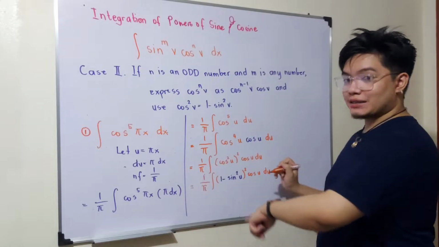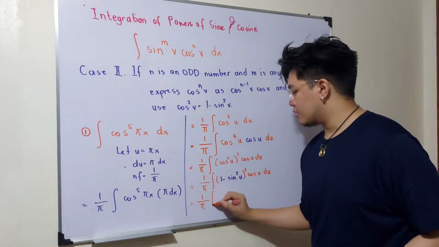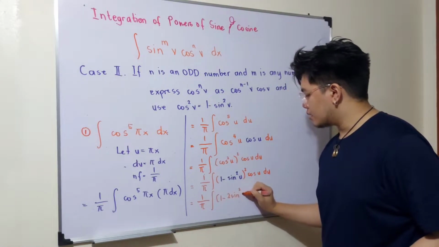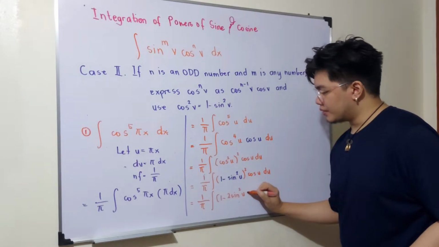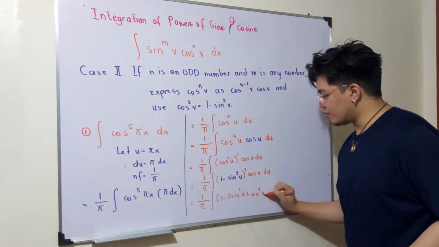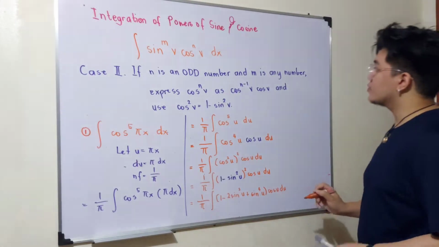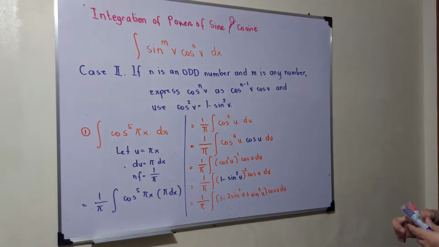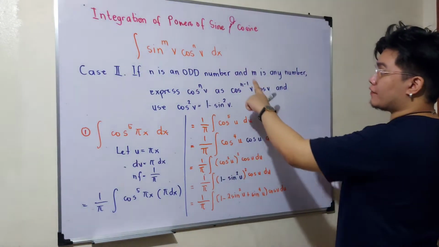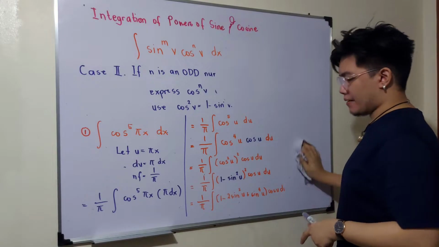And then we're going to expand this. Naku, hindi nakakasya. So we have 1 minus 2 sine squared u plus sine raised to 4 u. And then we have cosine u du. Yan sinasabi ko, hindi na magkasya. Dito ko itutuloy sa kalahati.